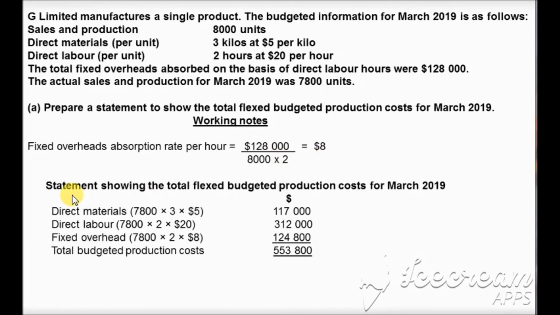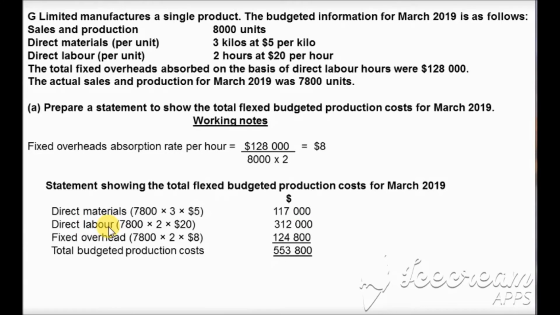Then we are going to make the statement showing the total flexed budgeted production cost for March 2019. We will start with the direct materials. Here the actual production is 7,800 units times 3 kilos, which is required, and the rate is $5 per kilo, so it will be 3 times 5, and we get the direct material as $117,000.